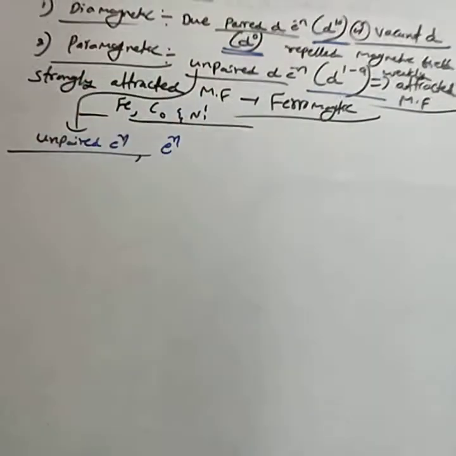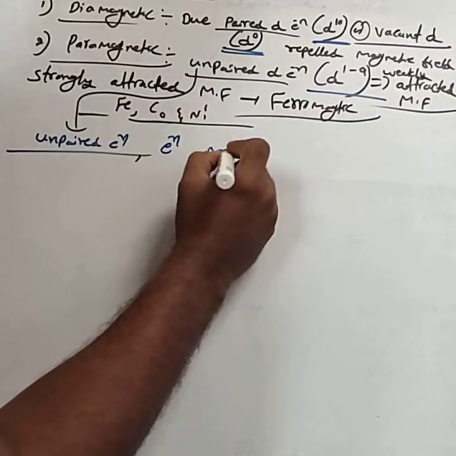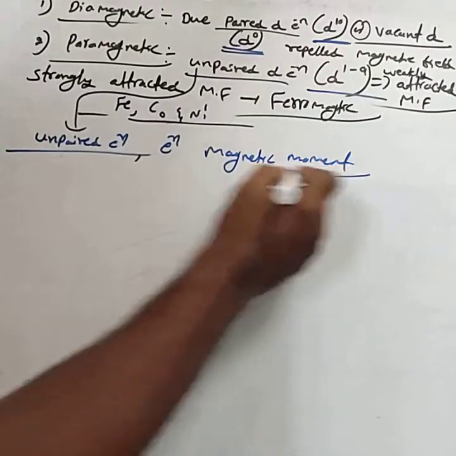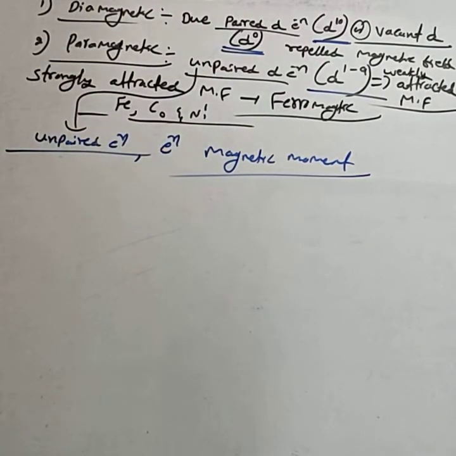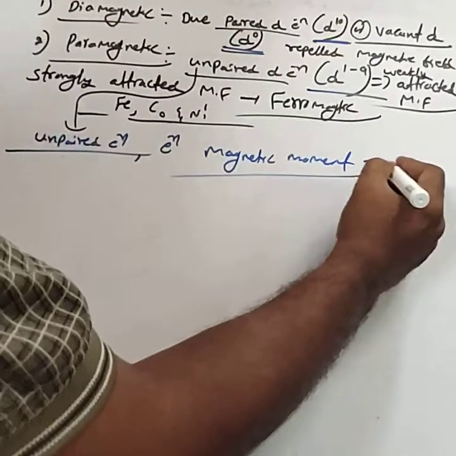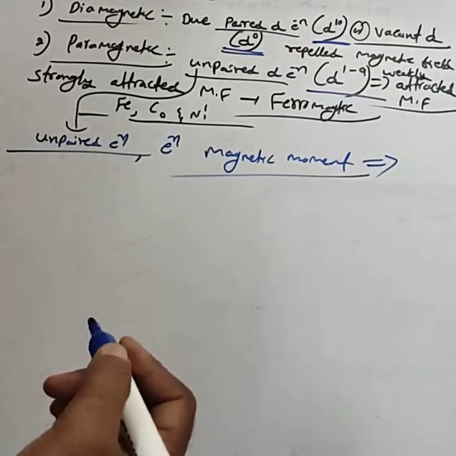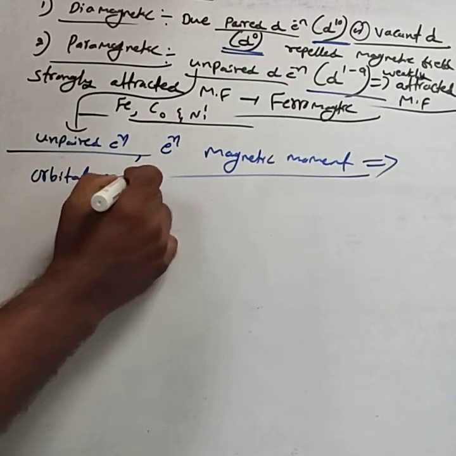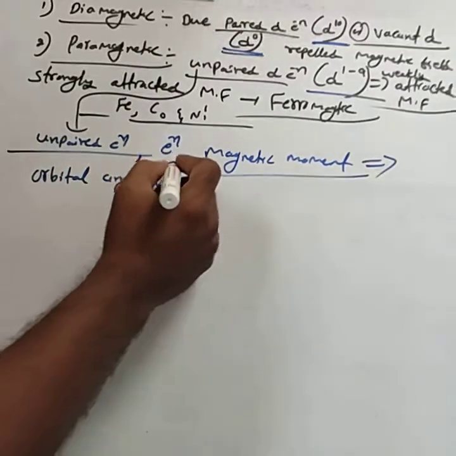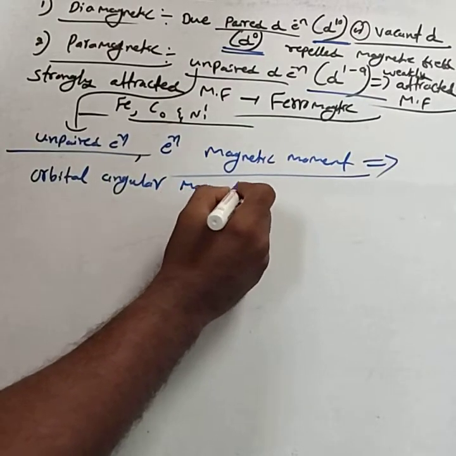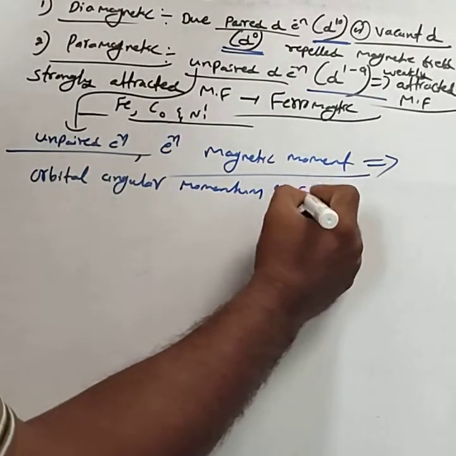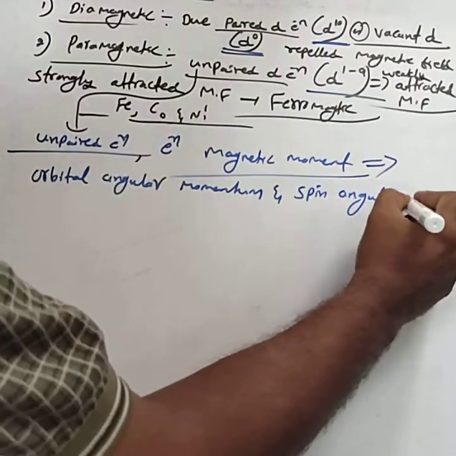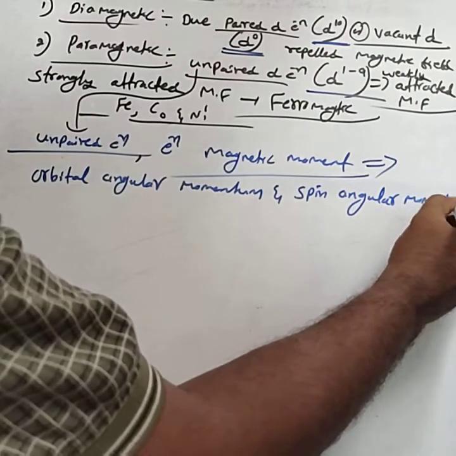Each electron has a magnetic moment, associated with its orbital angular momentum and spin angular momentum.